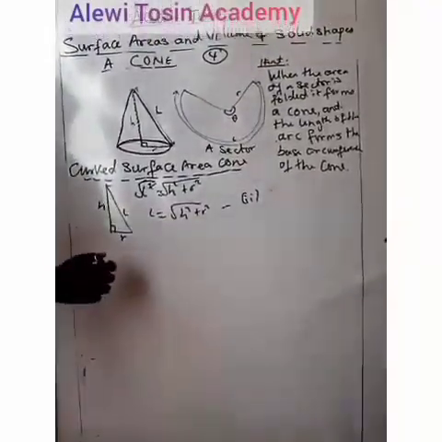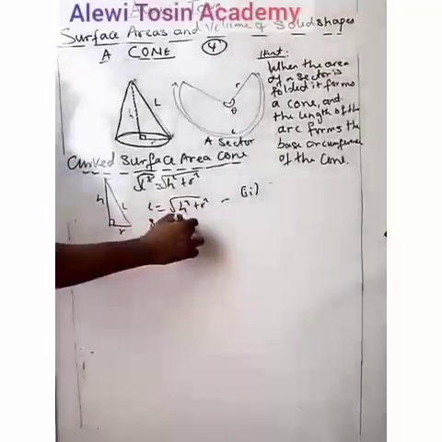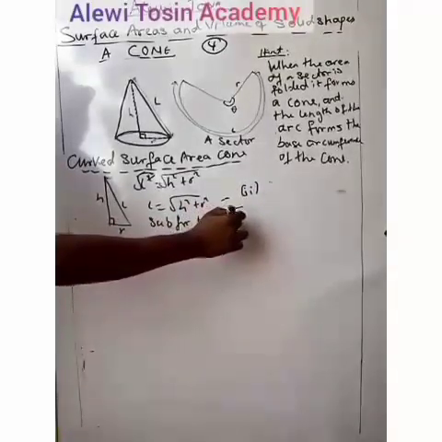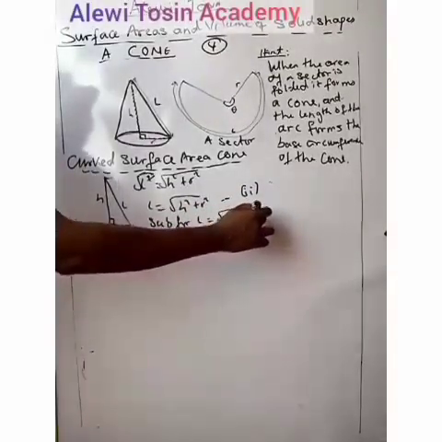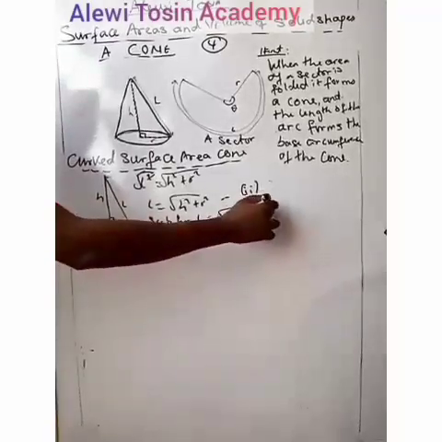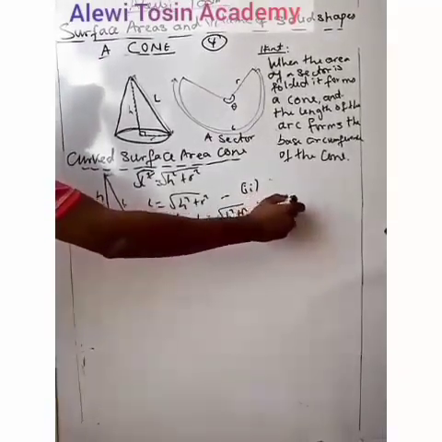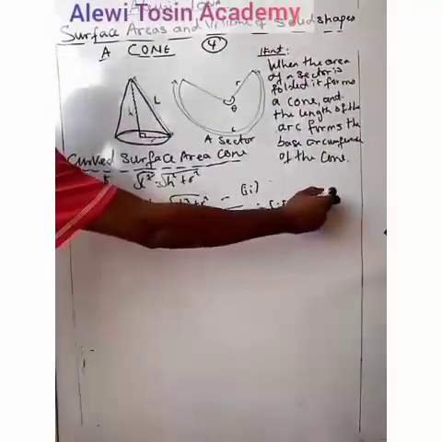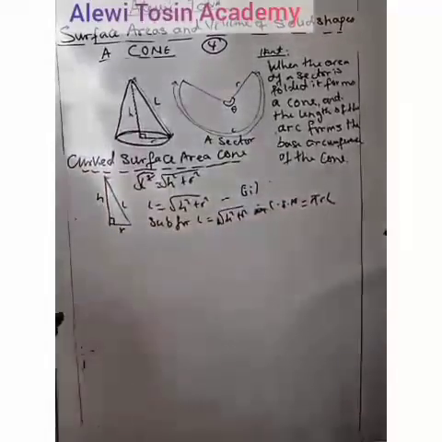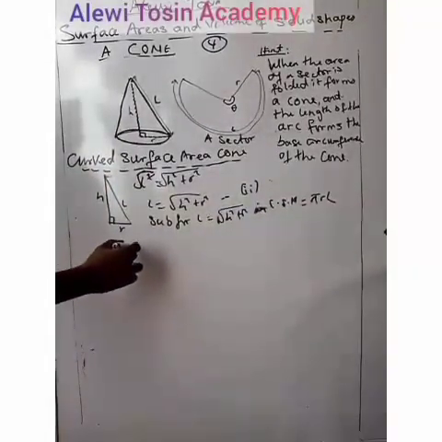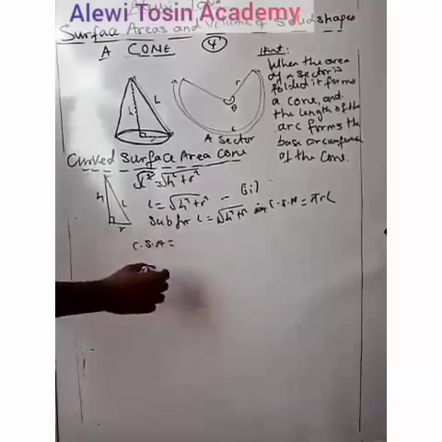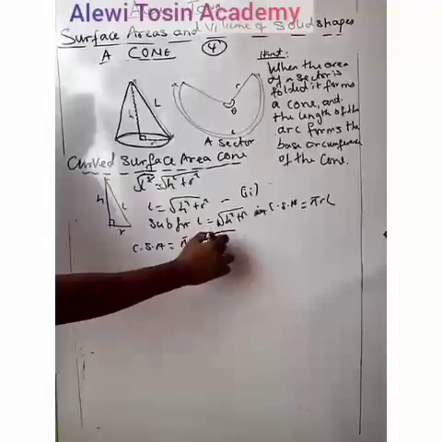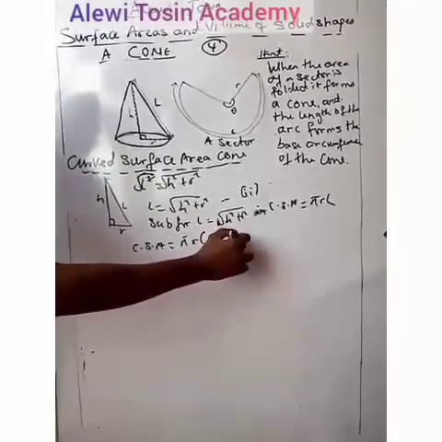If you substitute L equal to the root of H square plus R square into the CSA, our CSA is equal to pi R L. So our curved surface area will be equal to pi R in bracket square root of H square plus R square.